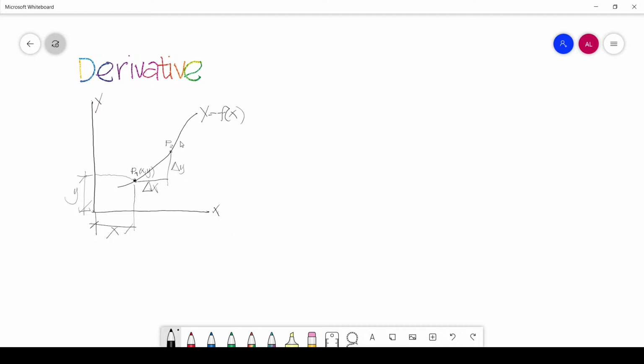So our point 2 will have the coordinates x plus delta x, and our y coordinate is y plus delta y. If we connect these two points, we will form a straight line.